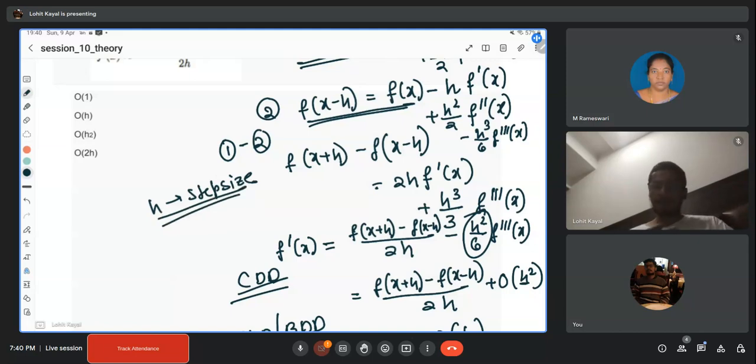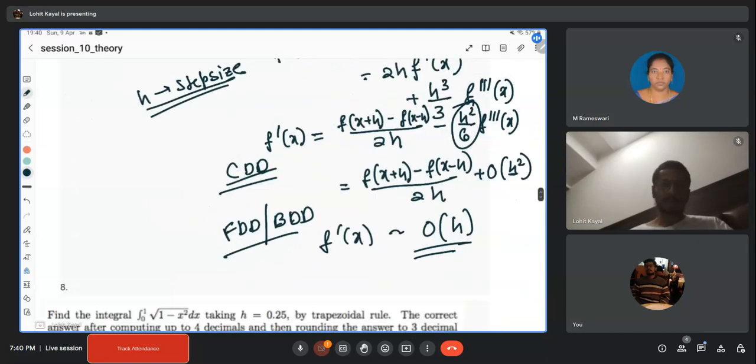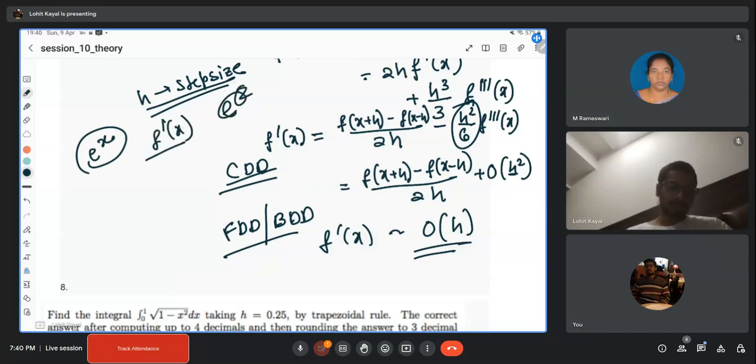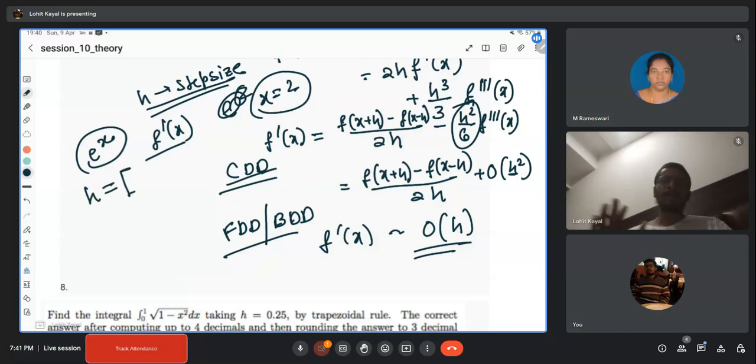So you can do a very simple exercise. Take a function and some initial guess, suppose the simple one, e to the power x, and you want to find the value of f prime of x at x equal to 2. You can take some values of h in decreasing order.